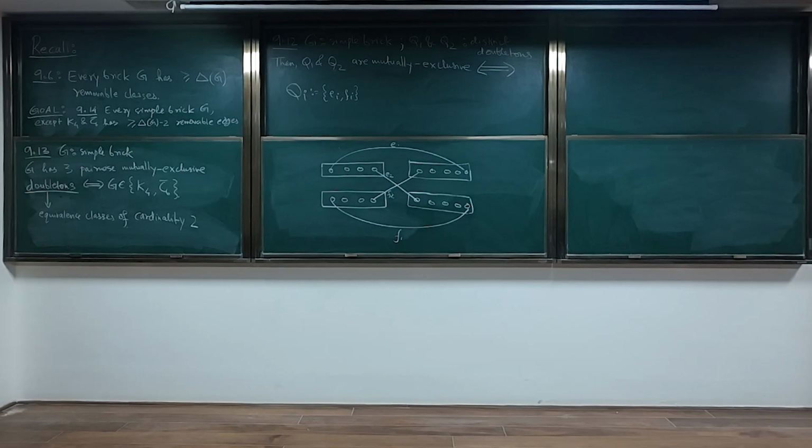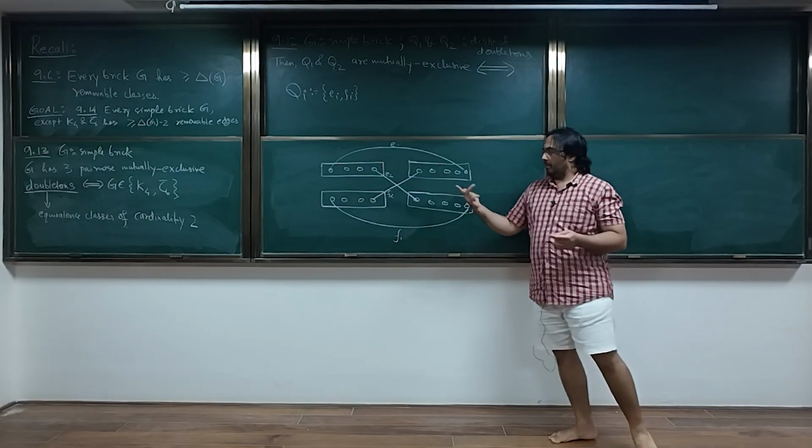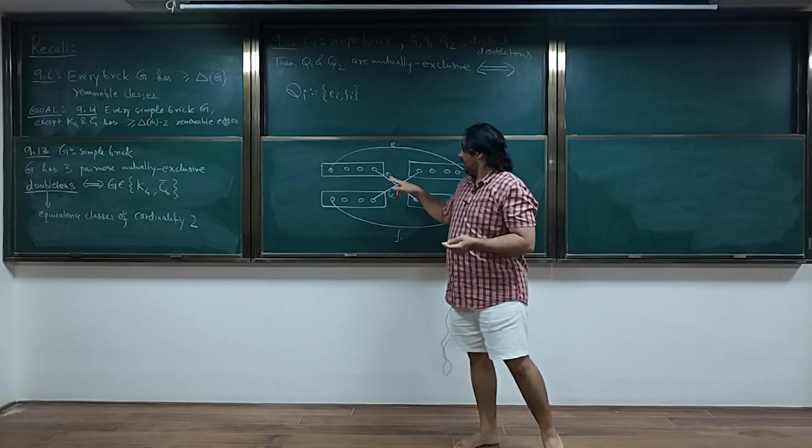Matchable is not too difficult to see. Just take a perfect matching that contains neither E1 nor E2. In other words, you can delete E1, F1, and then you have a bipartite matching covered graph. Take a perfect or bipartite matchable graph at least.